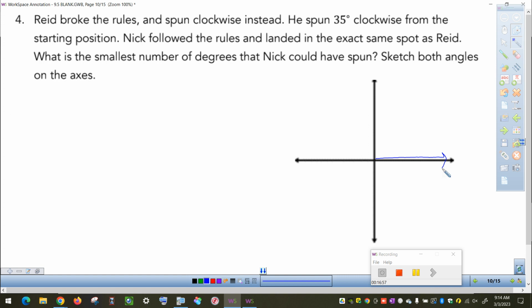When he went clockwise, let's think about the way that a clock moves. Clockwise is this other direction of rotation, and that's the direction he's moving, and he just went 35 degrees from the starting position, so it's not actually too far. It's going to land us down here in the 4th quadrant, and I'm going to show a little arrow here to show that he went clockwise.